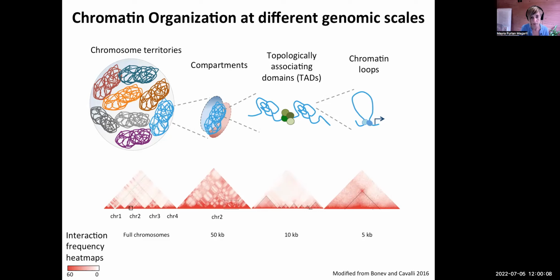Euchromatin is binding euchromatin, heterochromatin is binding heterochromatin, and the two of them are not communicating a lot.